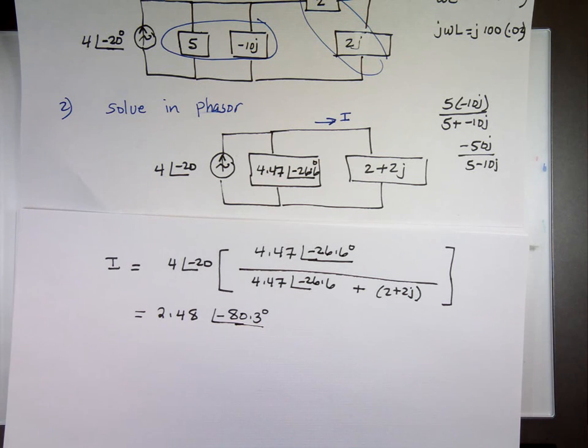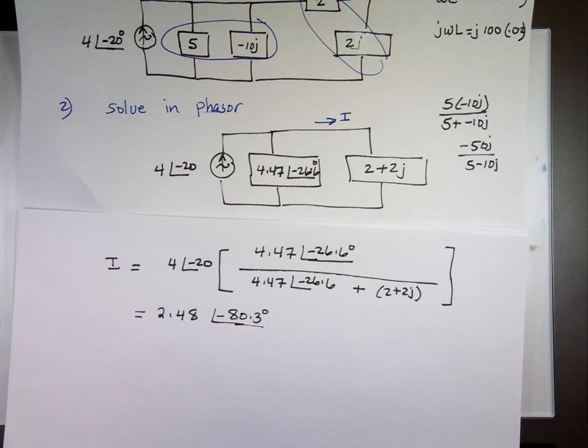I'll double check it. Negative 20 times 4.47 angle negative 26.6 divided by negative 26.6 plus 2 comma 2. I get 2.98 angle negative 46.5.